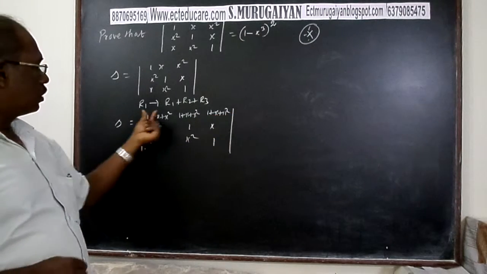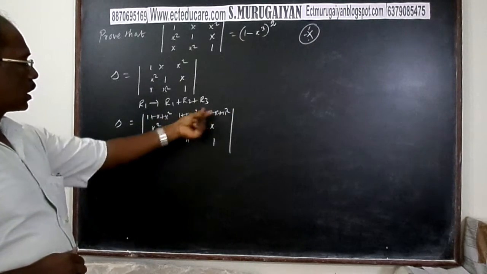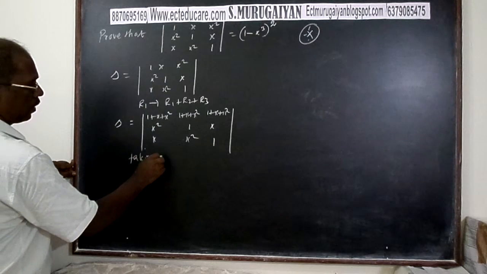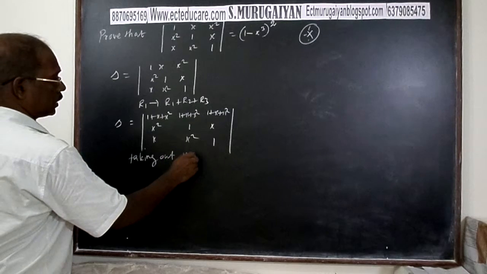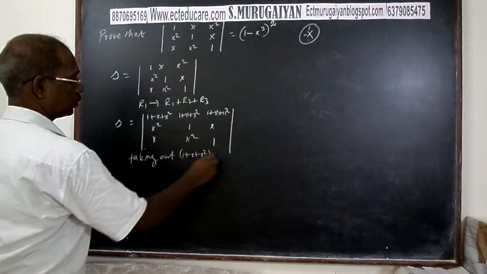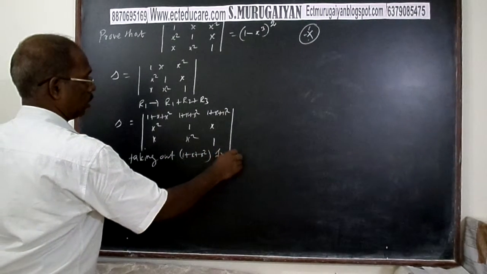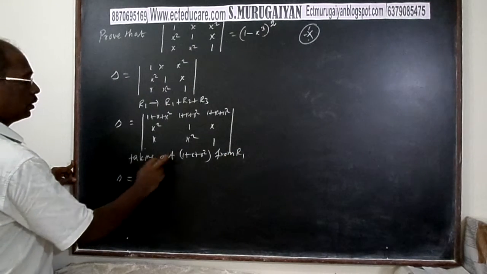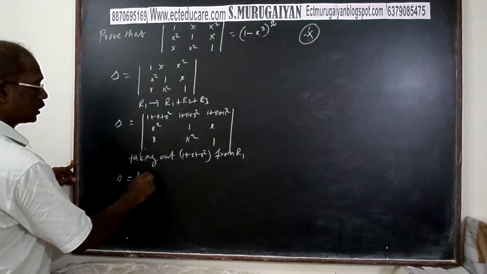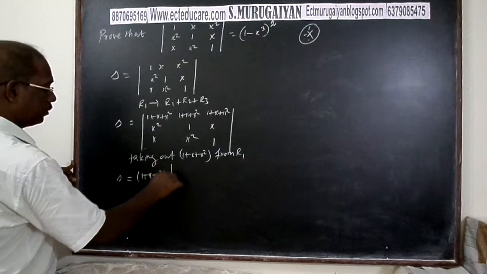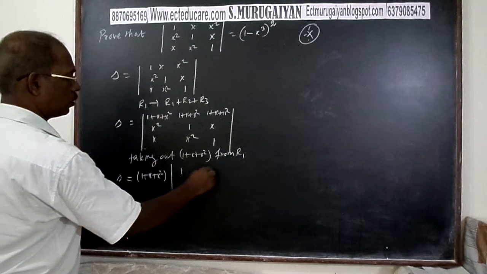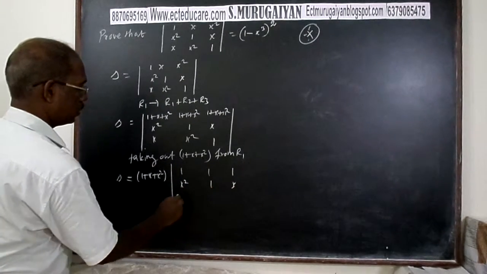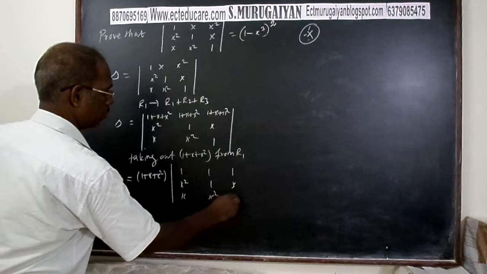From R1, 1 plus x plus x square is a common factor, so taking out 1 plus x plus x square from R1, delta is written as a multiple of the common factor 1 plus x plus x square times the determinant 1, 1, 1; x, x square, 1; and x square, 1, x.